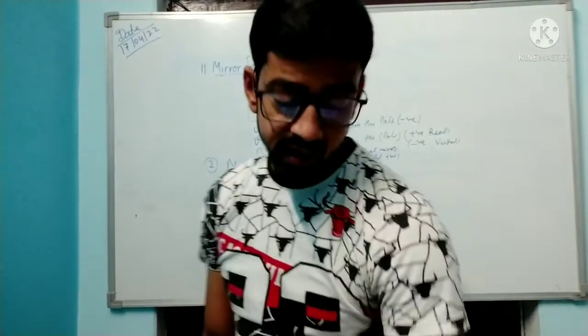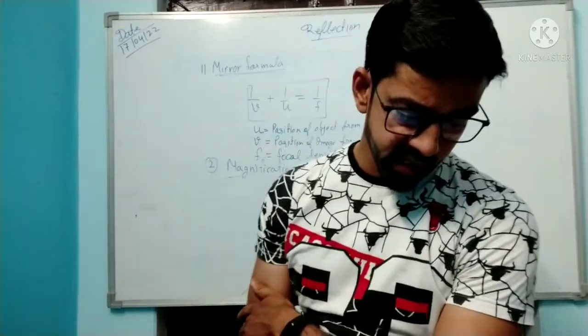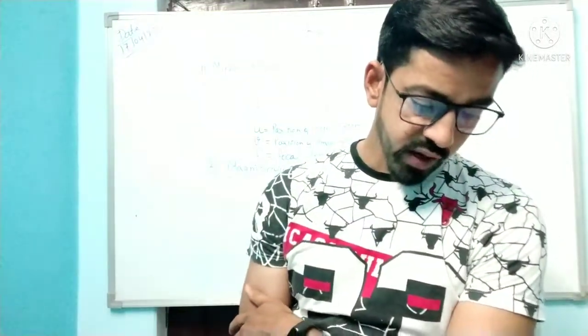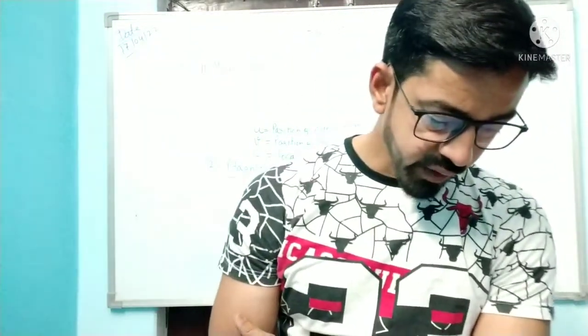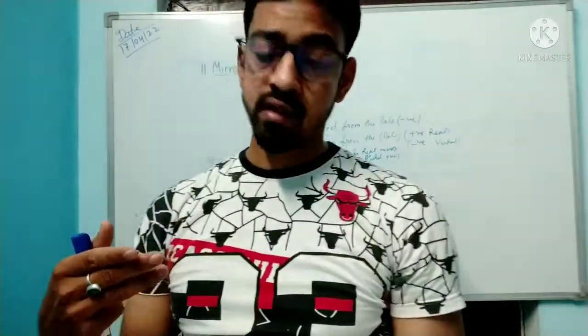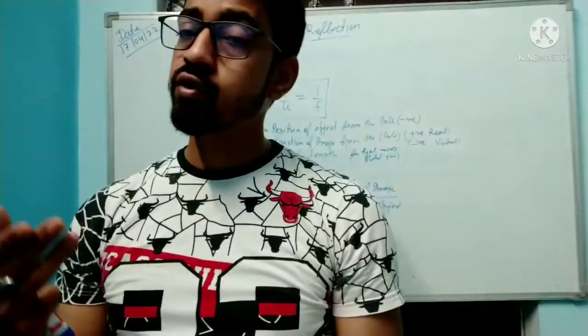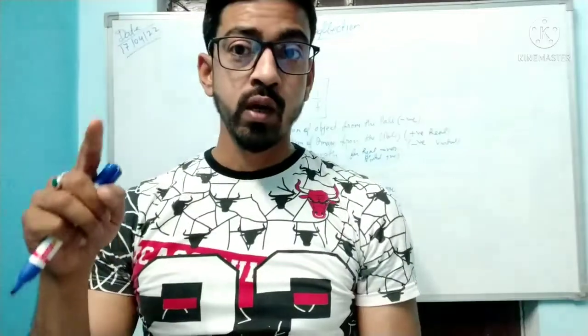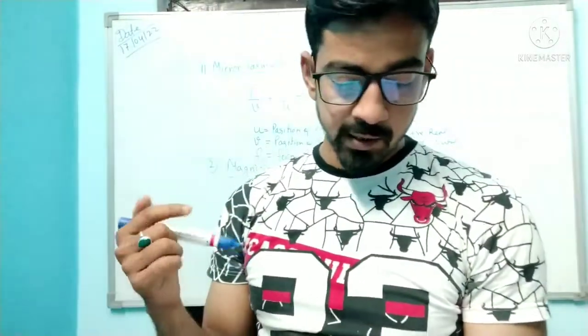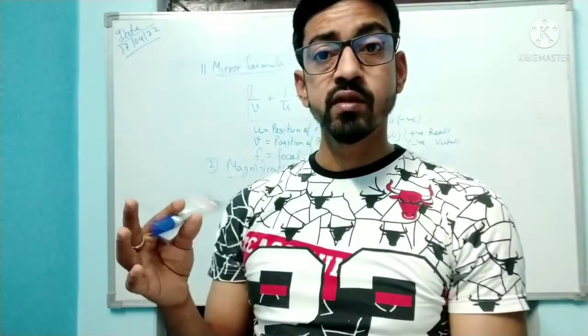So in NCERT page number 168, some questions are given. Define the principal focus of a concave mirror. They are very easy. The radius of curvature of a spherical mirror is 20 centimeter, what is the focal length? The radius of curvature which we discussed earlier is 20 centimeter, so the focal length f is equal to r by 2, so 20 by 2, that is 10 centimeter.